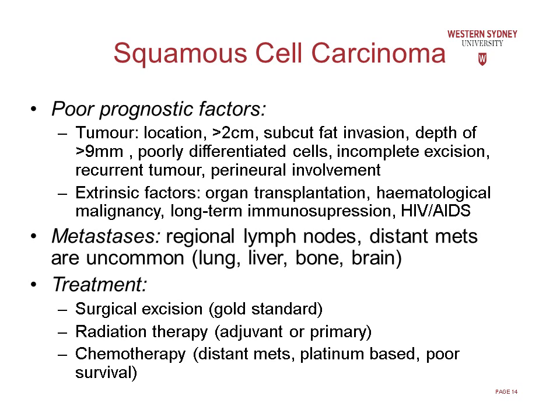The increasing depth of invasion increases the risk of nodal mets and local recurrence. So depth of involvement of greater than 9 millimeters or subcutaneous fat invasion increases the risk of mets and recurrence. Tumors that are less than 2 millimeters in depth have a 95% survival rate.